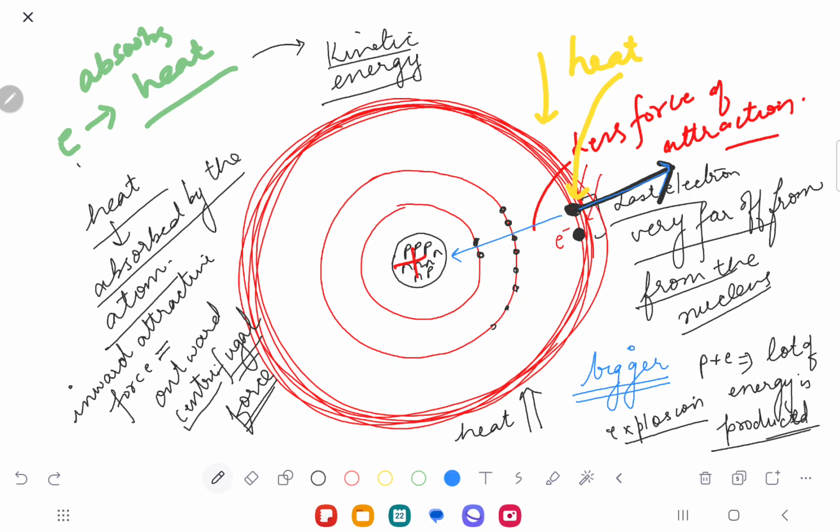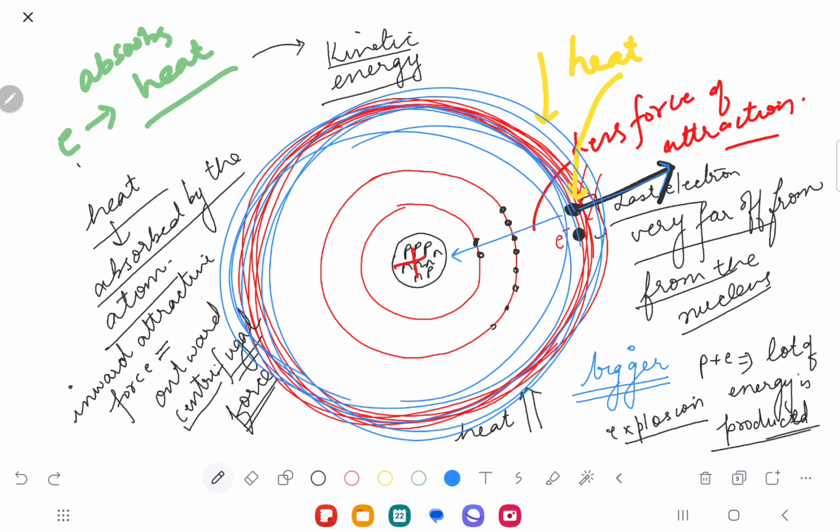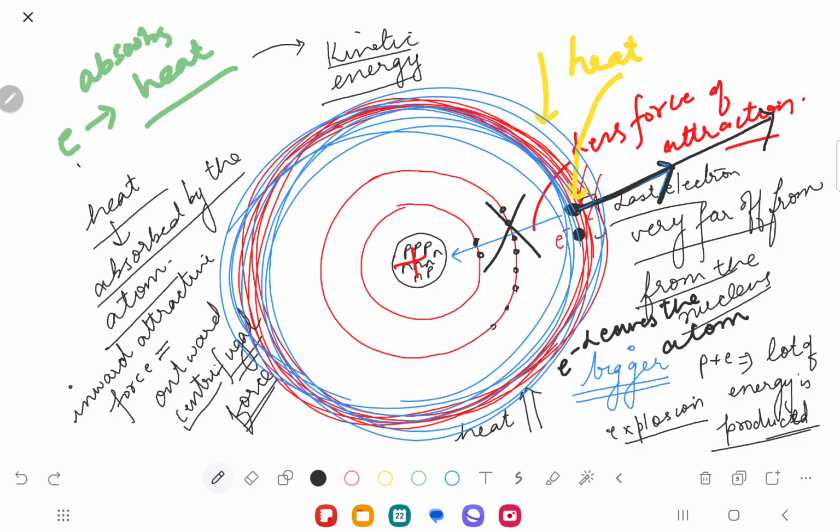And when its kinetic energy increases, it starts to rotate even faster. That means the outward force keeps on increasing and increasing. So there comes a time that this attraction is broken down and the electron leaves the atom. You understand my point?